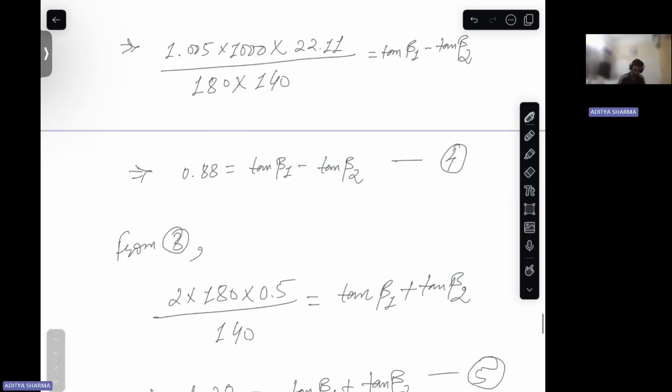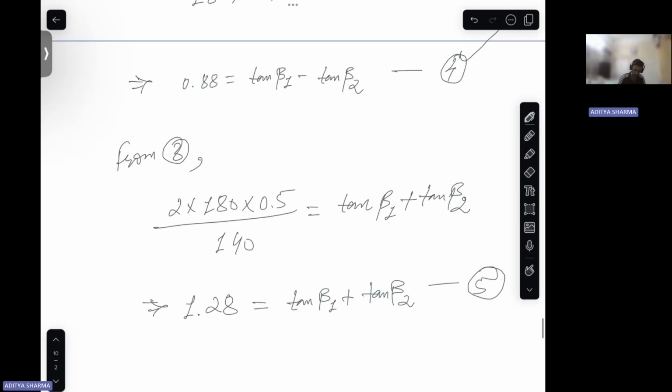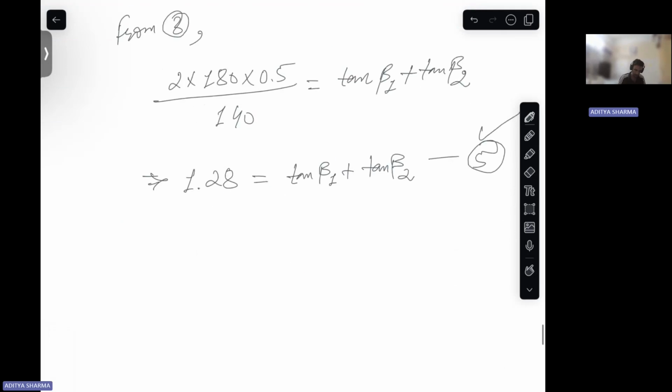So now we have the fourth equation and the fifth equation. From here we can eliminate tan beta 2.